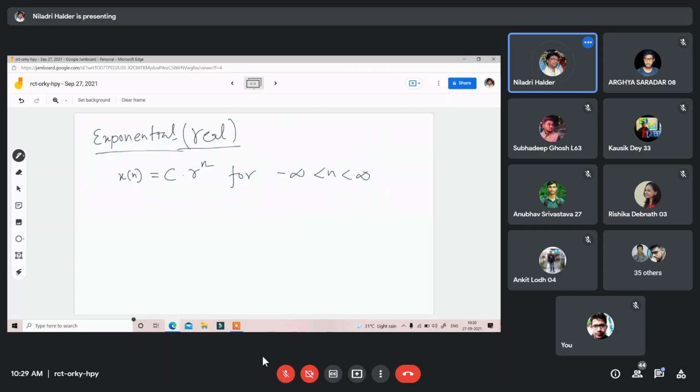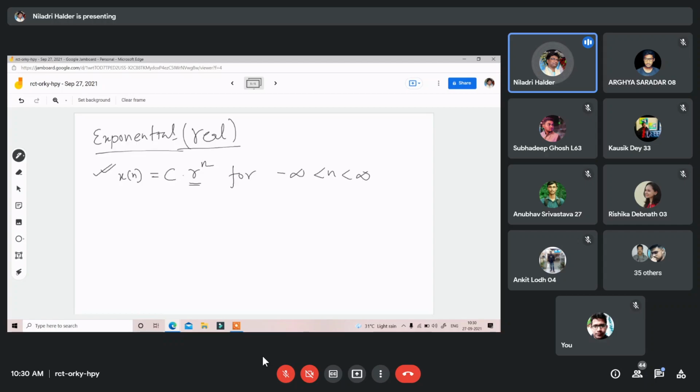Now, if we draw the graph, it will be dependent on the value of r, where c and r, keep in mind, both are real numbers. You can consider any value of c and r, but they must be real numbers.